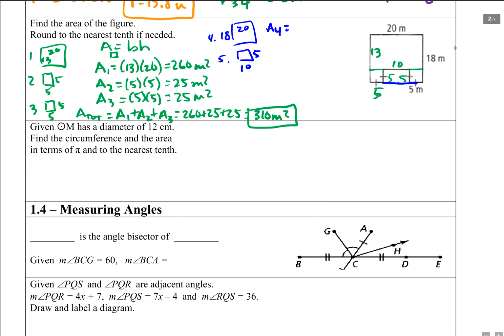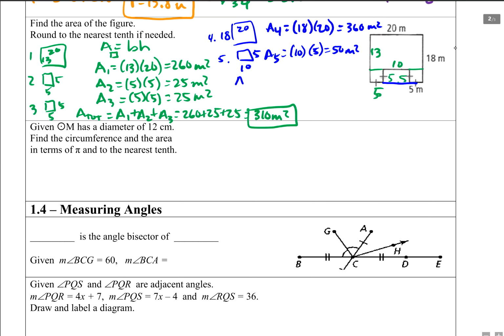So area number 4 is 18 times 20, which is 360 meters squared, and area 5 is 10 times 5, which is 50 meters squared.